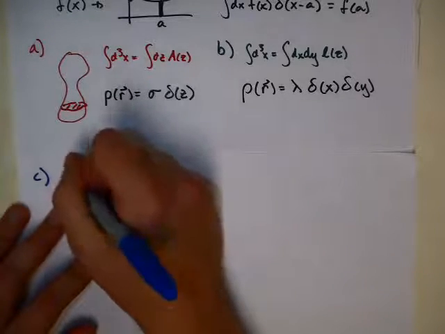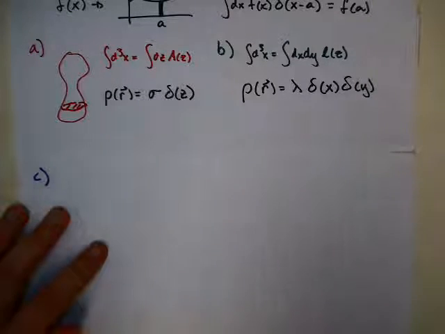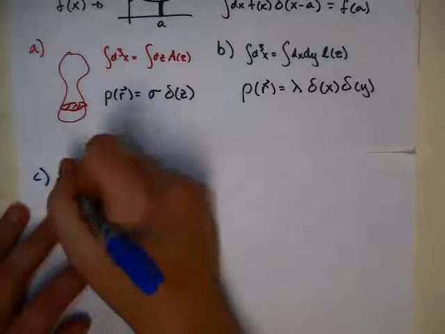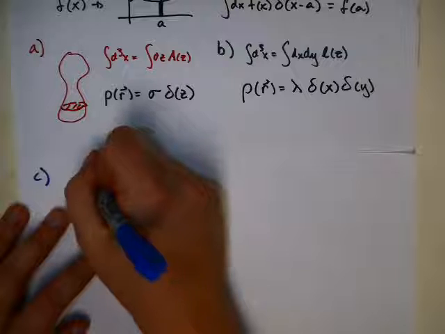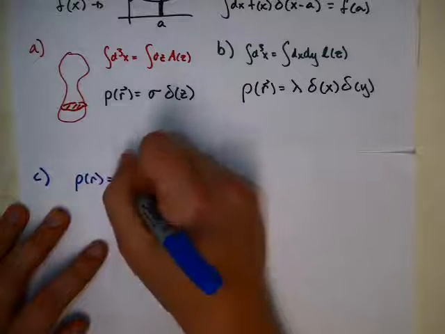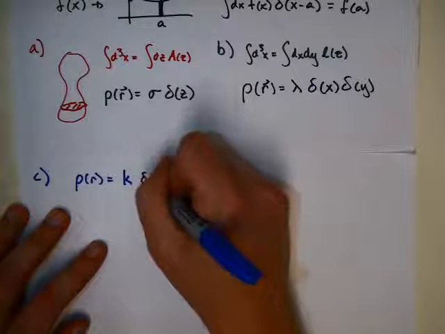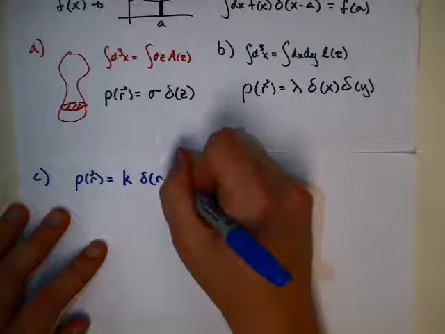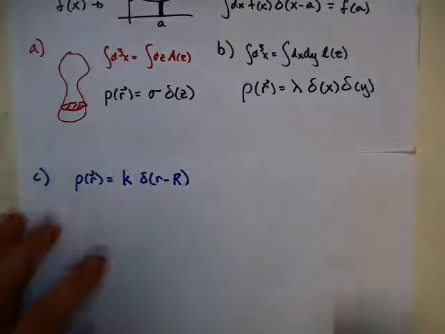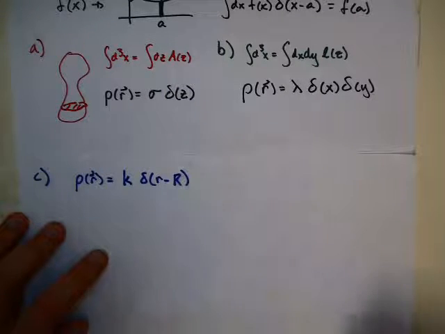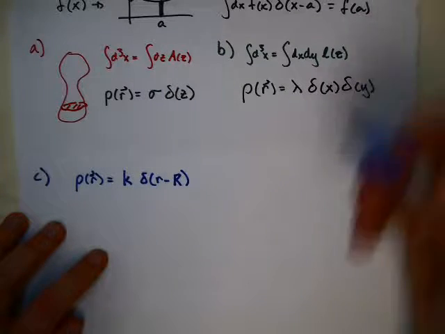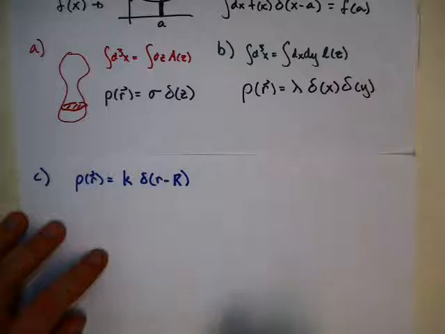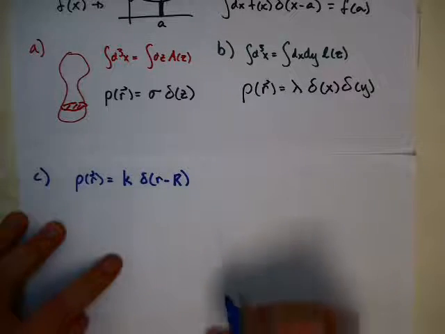And so that means I'm fixing the charge to the position of the sphere. That's going to suggest that my rho of r must be some constant k times a delta function of little r minus capital R. And this is going to fix the r value to the surface of the sphere. That's the justification we went through before. But I have to find what this constant k is in this case.